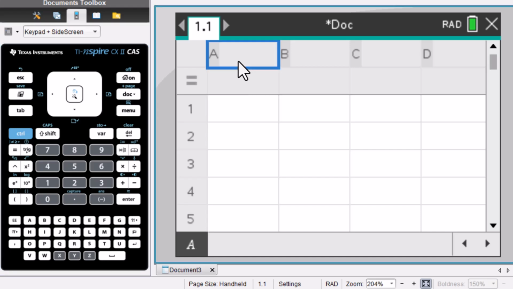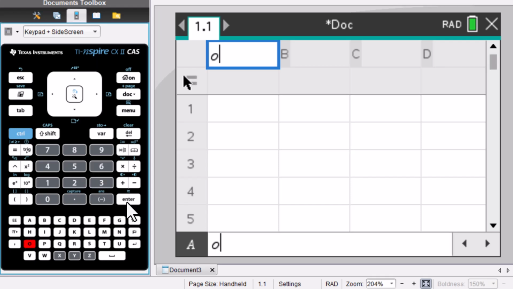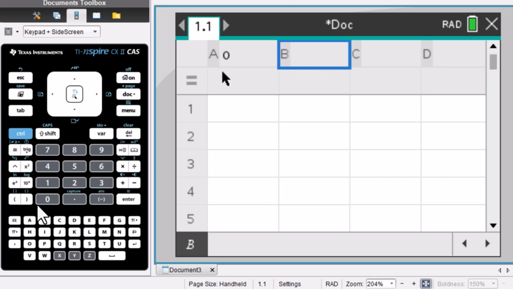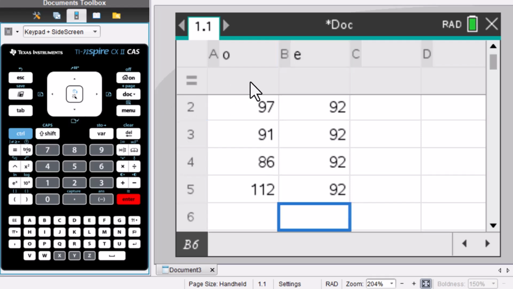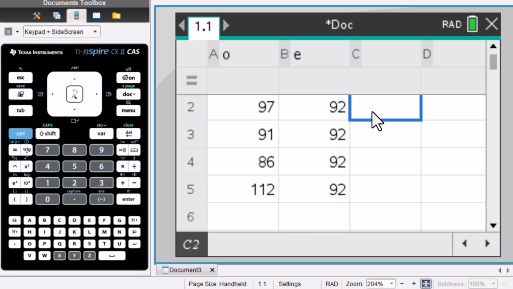We have the observed frequency. Let's use O for that. Then we have the expected frequency. Let's use E. Type in the data. After you put in the observed frequency and expected frequency, click this empty cell.